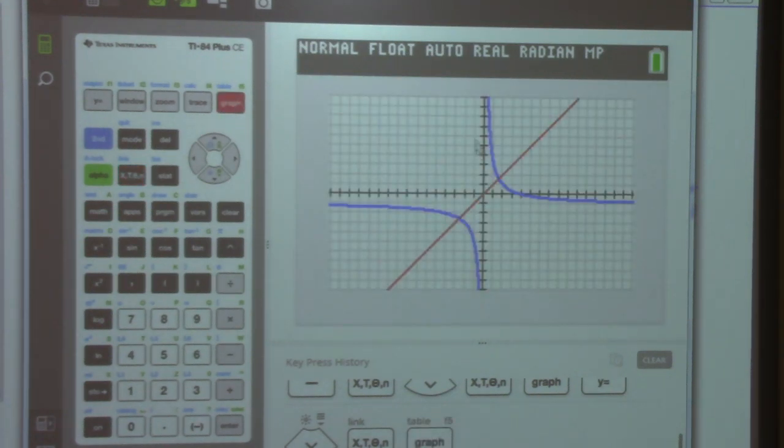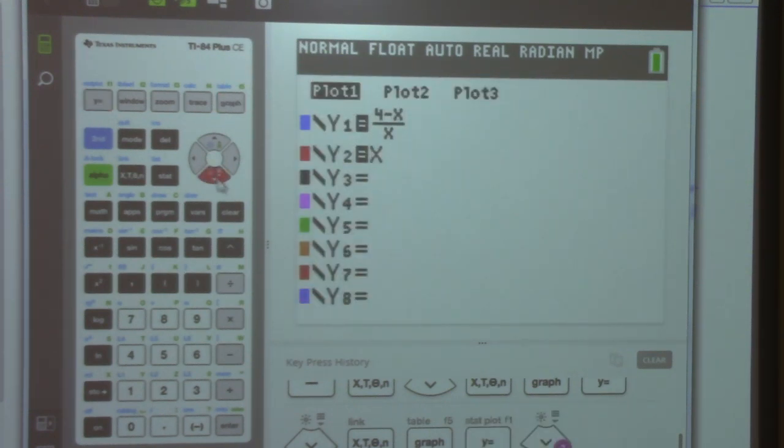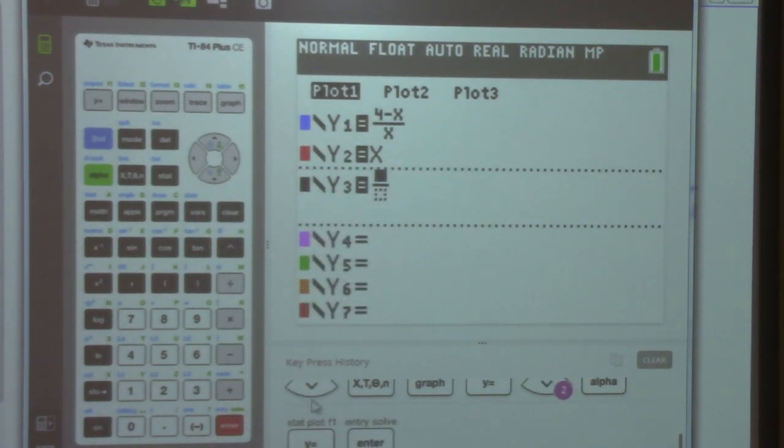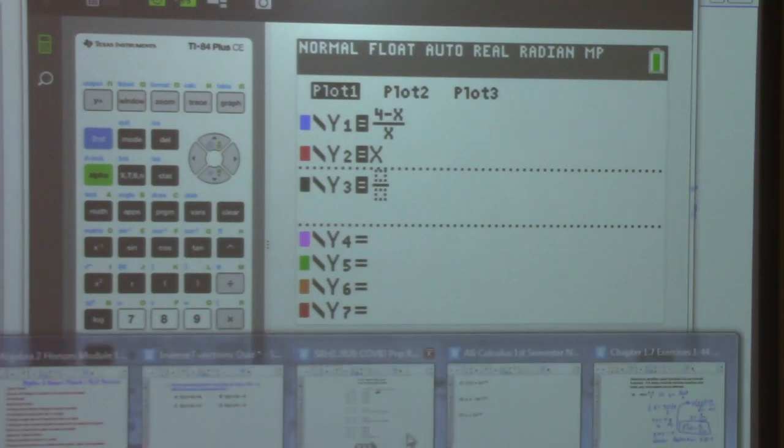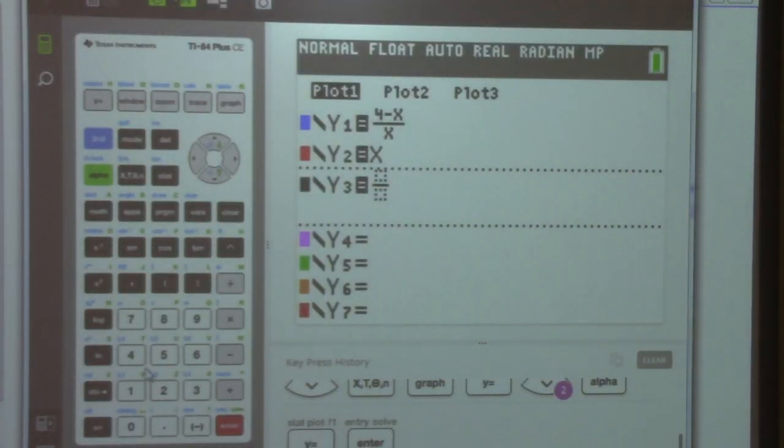So we're going to see a reflection about y equals x. And so we come down here and we graph 4 over x plus 1.